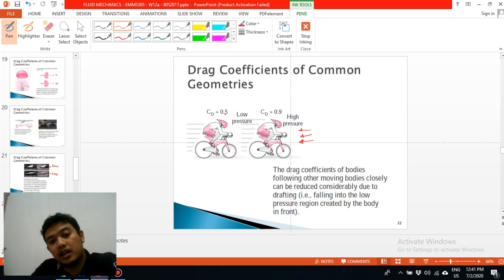Meanwhile, the second one takes the advantage of low pressure due to the effects of the flow, the low pressure in the middle. So the second person has a lesser drag coefficient.